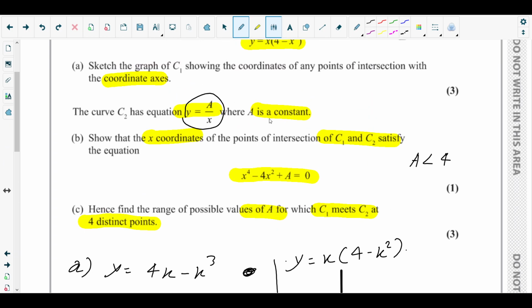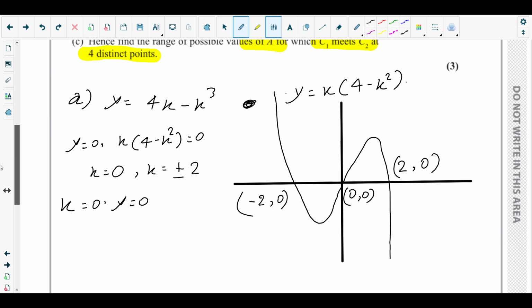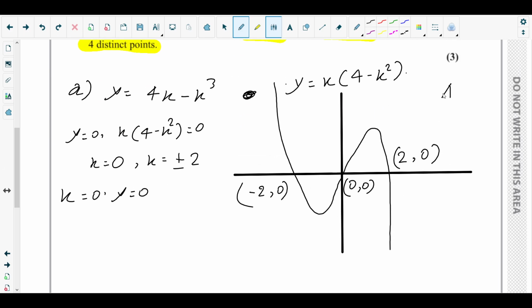If a is negative, the reciprocal sketch would be like this. I'm just showing it for your understanding. Remember the sketching of reciprocal curves, it will be like this.